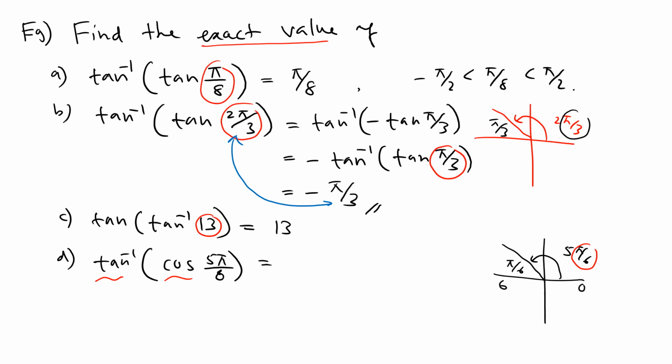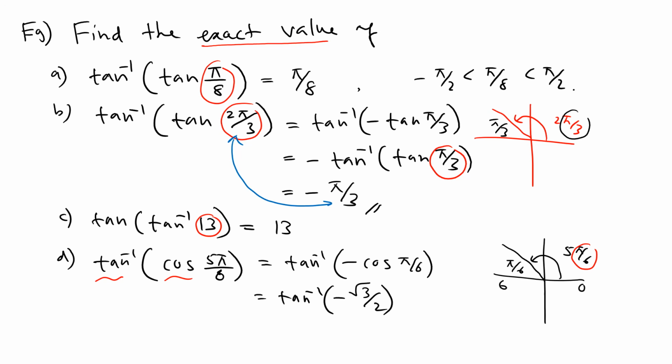So this is simply tan inverse. Cosine is negative here, so negative cosine pi over 6. So that means this is tan inverse of negative square root 3 over 2. Now this is not a value in the table for tan, so we can use a calculator to find this value.